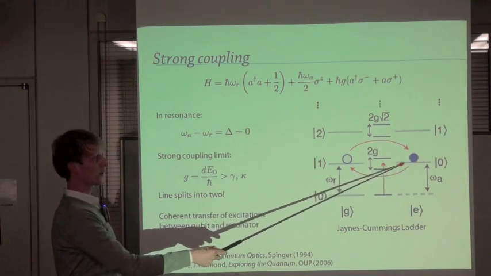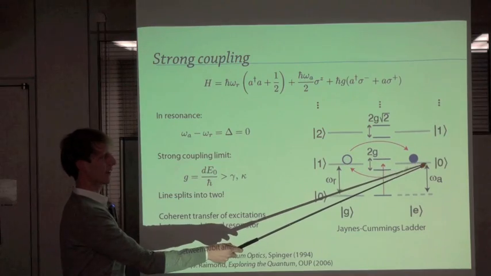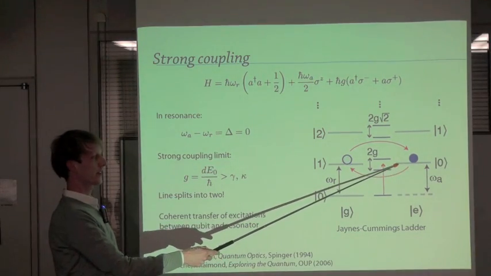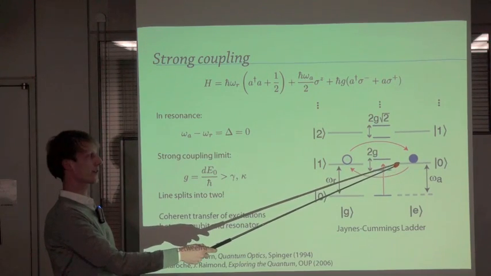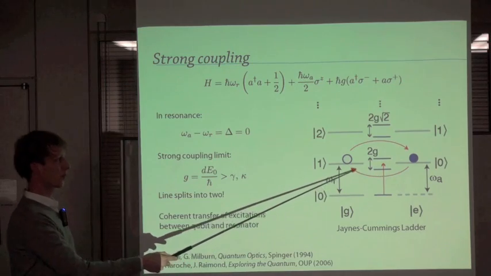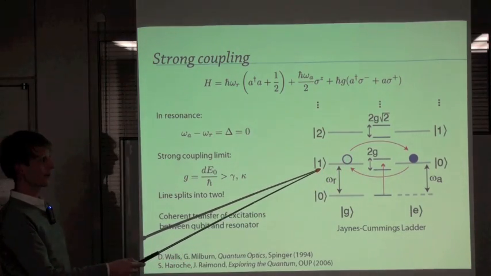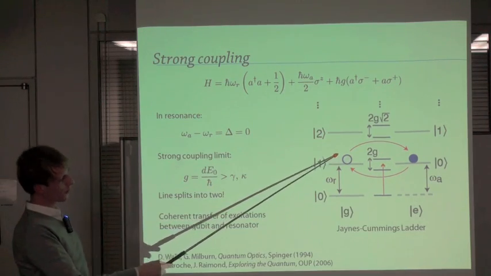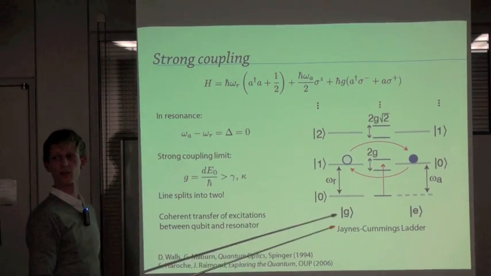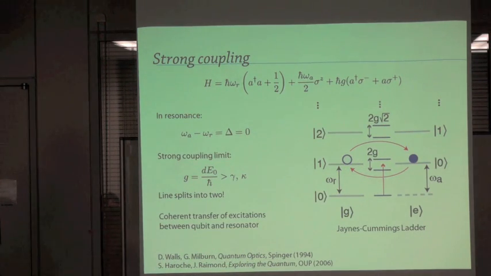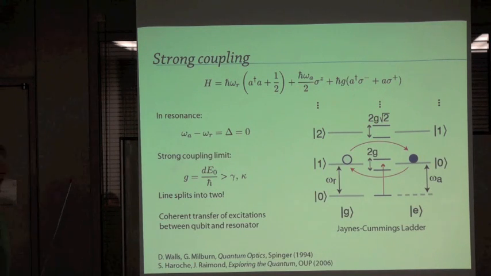Because this is then no longer an eigenstate, the excitation will go back and forth. You start out by putting the excitation only in the qubit and nothing in the resonator. Because of the interaction, it will transfer after some time completely into the resonator, and the qubit will be in the ground state. If you wait for longer, it will travel back and be entirely in the qubit. So in the strong coupling regime you can observe the coherent transfer of excitation between the qubit and the resonator.